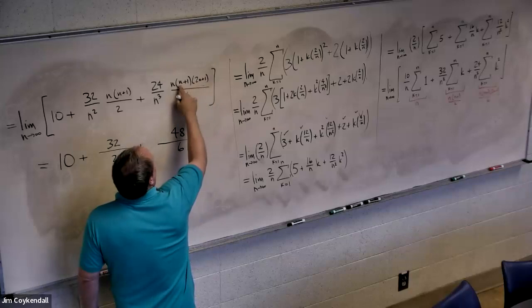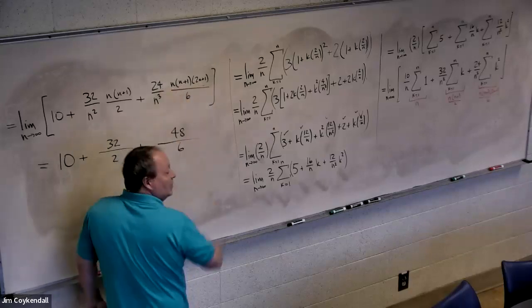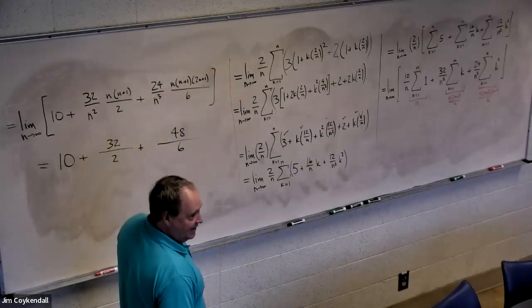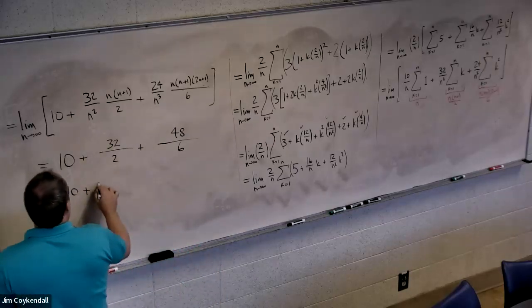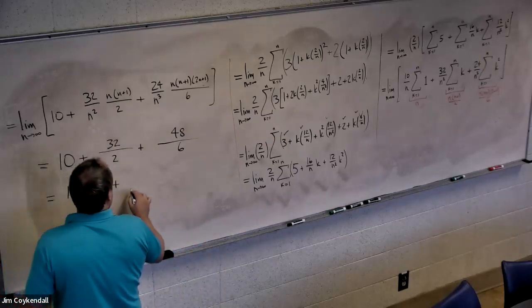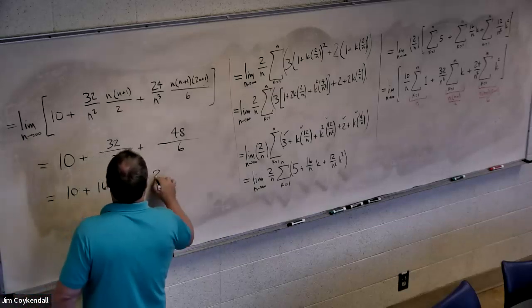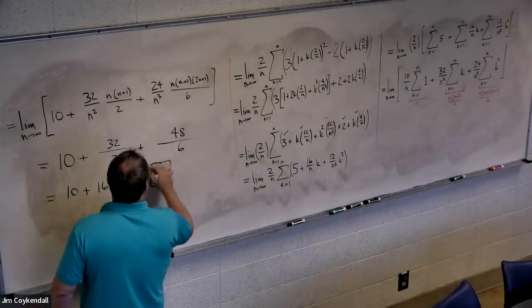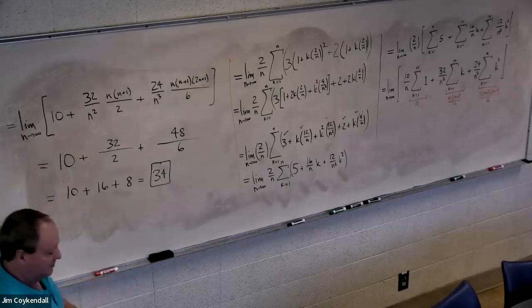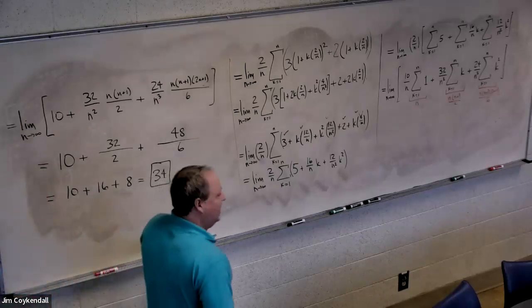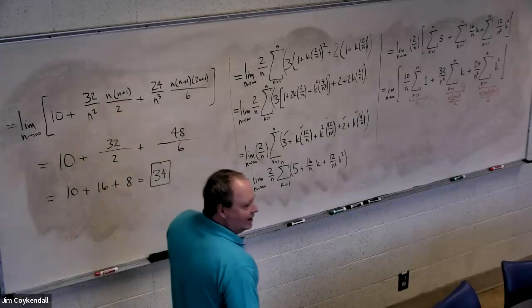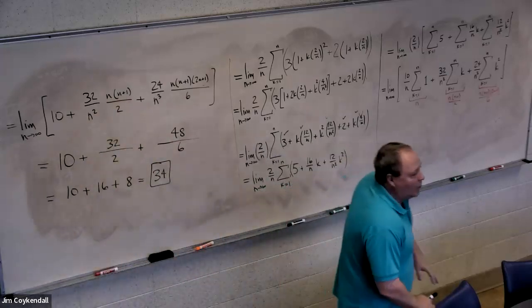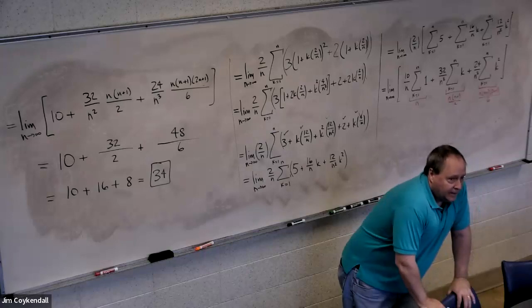Because it's 2 times 2 times 2 times 24. So this should be 10 plus 16 plus 8. It's 34. Everybody see how we do this? If you're not comfortable with that, you can cancel some stuff out, you can simplify it, but that's a quick way to see. Everybody understand what we did?